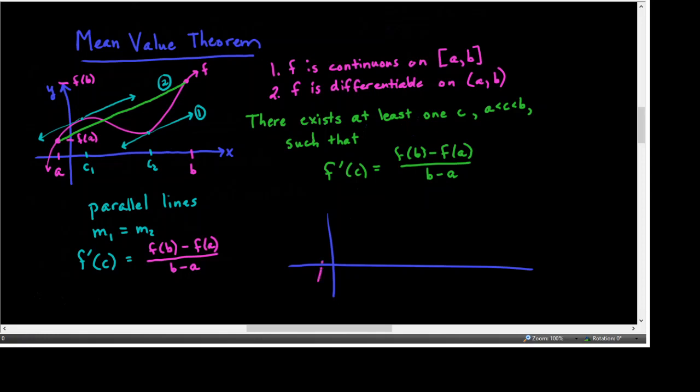If I have a function, looks like this, in the xy plane, and I pick a couple of values, a and b. If I draw the secant line between these two, and f of a is equal to f of b, we're back to Rolle's theorem, by the way, in this.